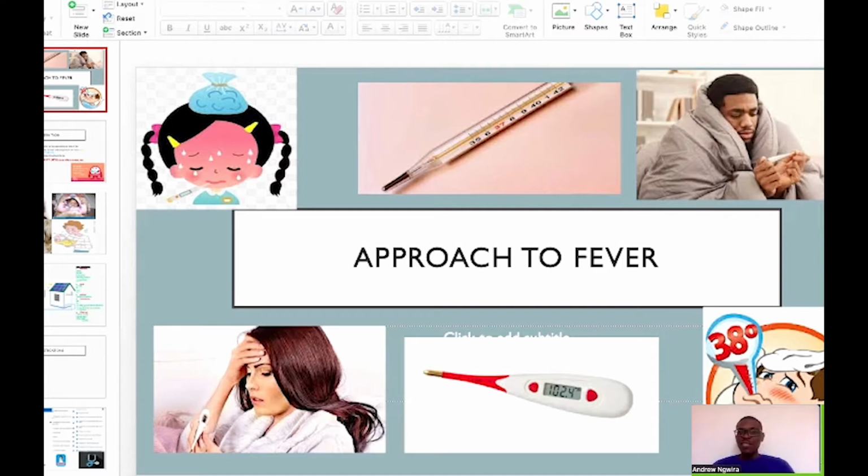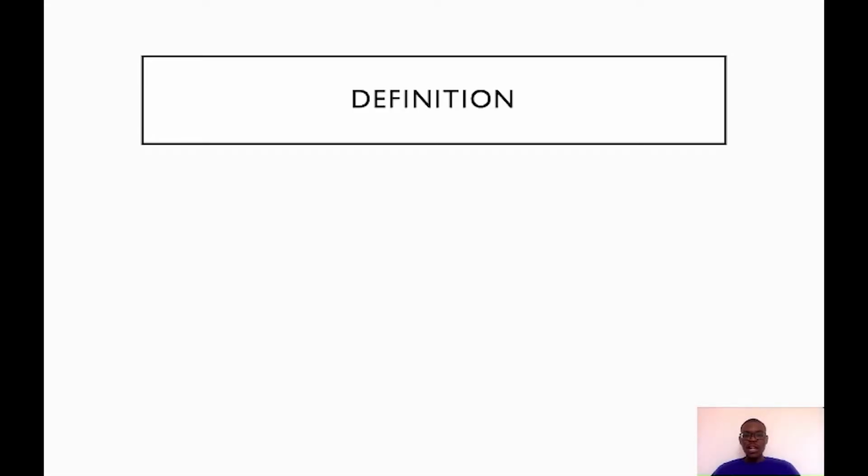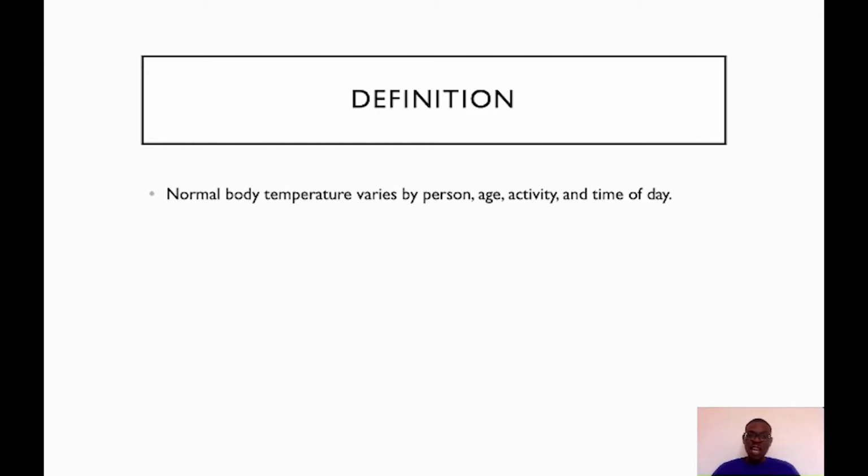All right, so today let us discuss this clinical approach to fever. So now, by definition, what we need to understand is that the body temperatures of every human being differ. Okay, they differ with the age, with the kind of activities that you do, and the time of the day. All right, in the morning we expect the temperatures to be on a colder side, which means that the core temperature of a human being will be on a lower side.